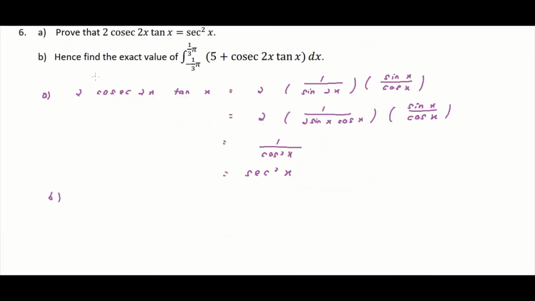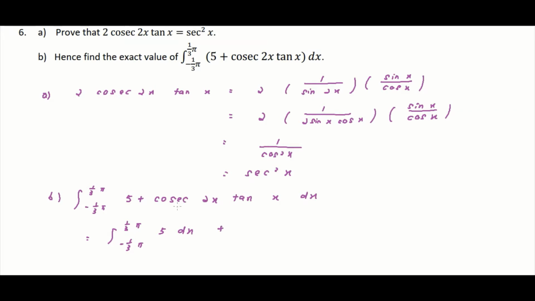Find the exact value for the definite integral, for the range negative 1 over 3 pi to 1 over 3 pi, 5 plus cosecant 2x tangent x with respect to x. We can try to split it into two integrals.